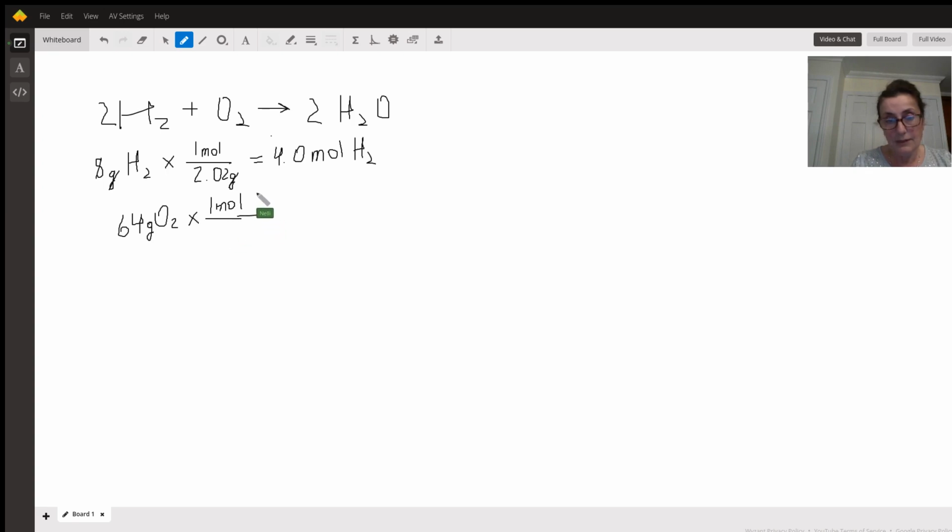So for 1 mole of oxygen gas, we look up the periodic table, and an oxygen atom has a mass of 15.99 or 16 grams. We have 2 atoms, so it will be 32 grams. I will convert this using 32 grams.